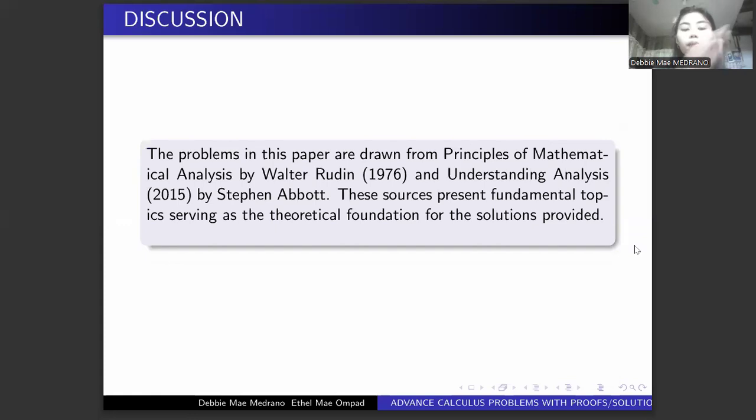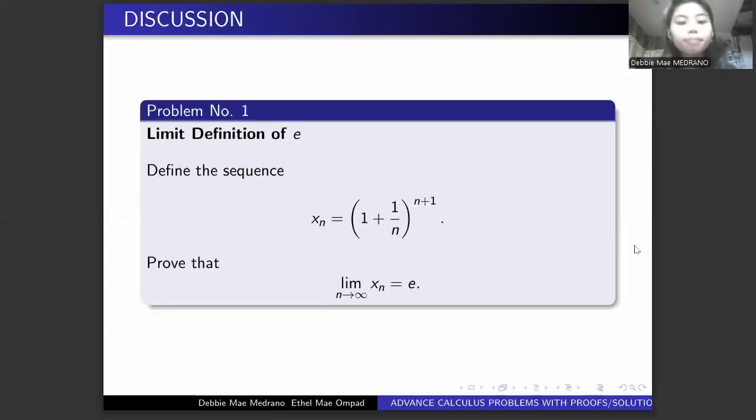In our basic concepts, we drew from three different books. But in our discussion, our problems are drawn from only two books: Principles of Mathematical Analysis by Walter Rudin and Understanding Analysis by Stephen Abbott. These sources present fundamental topics serving as a theoretical foundation for the solutions provided.